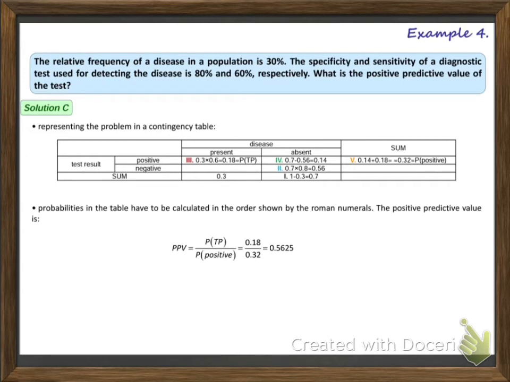What they have given in this problem is the relative frequency of a disease in a population. So this is the relative frequency of disease in a population, the percentage between the disease and the population. This is the percentage of the people who have the disease.